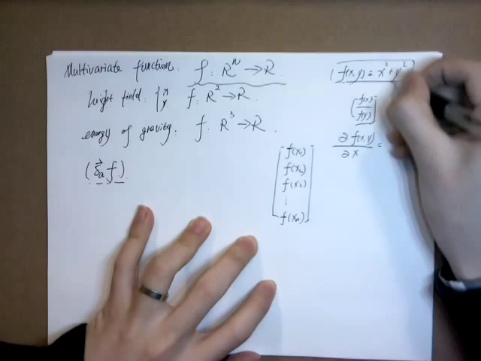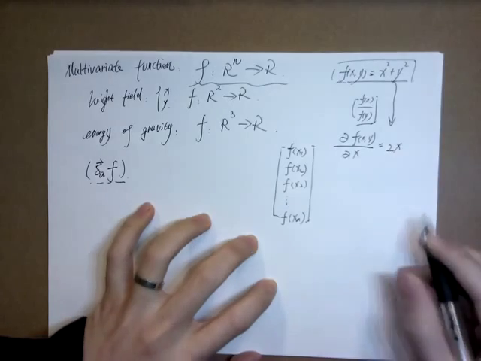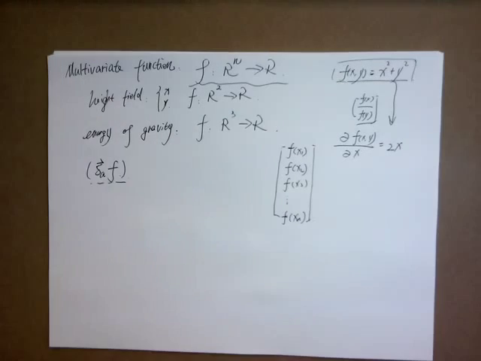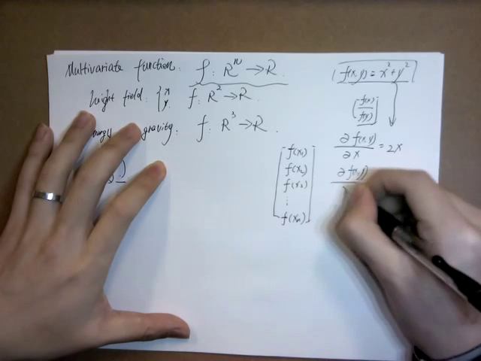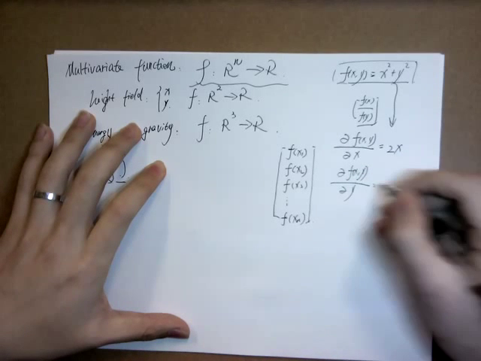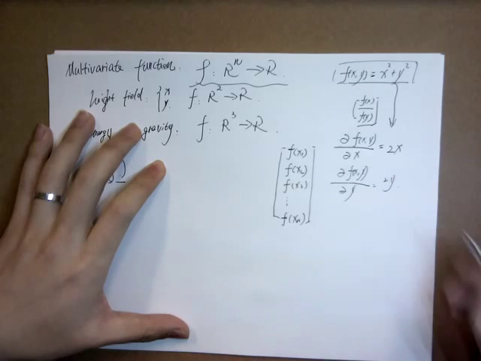This is basically 2x, because I'm treating y as just a constant value. And I can do a similar thing to get the partial derivative over y, which is 2y.